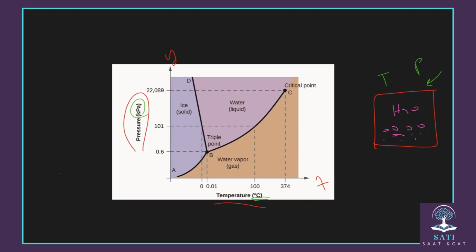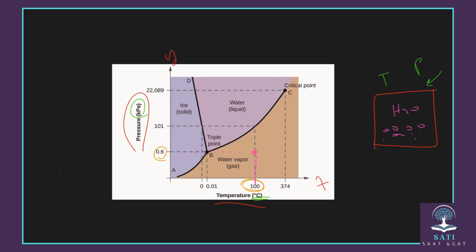If, for example, the temperature was 100 and the pressure was just 0.6, that means this point exactly, where the temperature of this water is 100 Celsius and the pressure is 0.6 kilopascal. I will not tell you what the water state is.